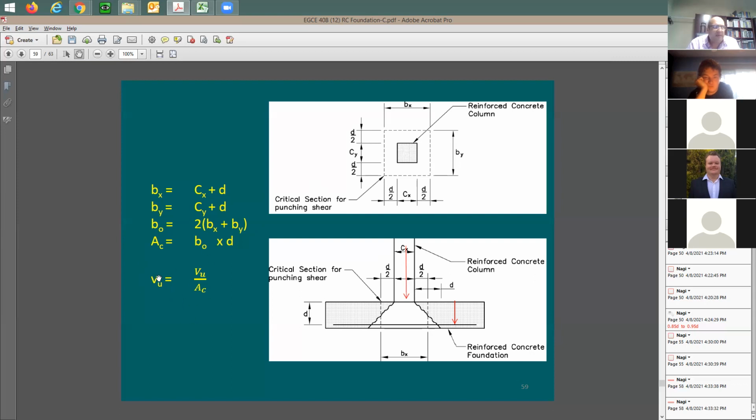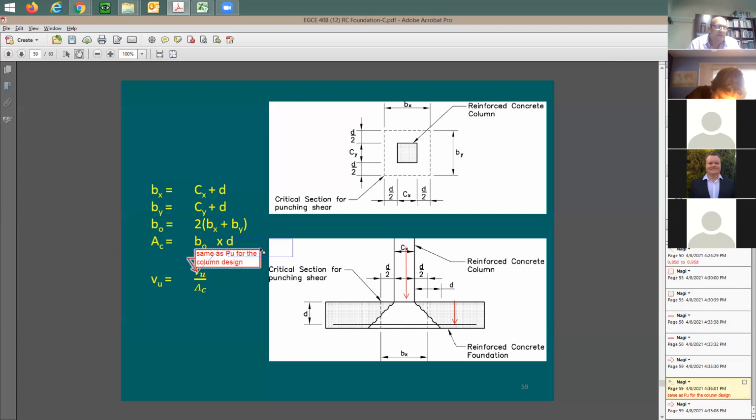This is going to be V sub U. And in this case, you need to use the factored load. This is going to be V sub U, which is the same as P sub U for the column design. It's going to be the same force that you use to design the footing or to design the column. This force is going to be causing the punching.